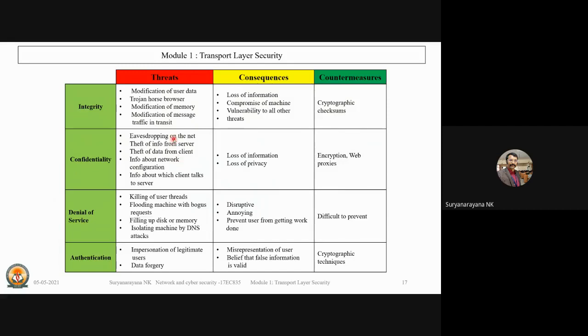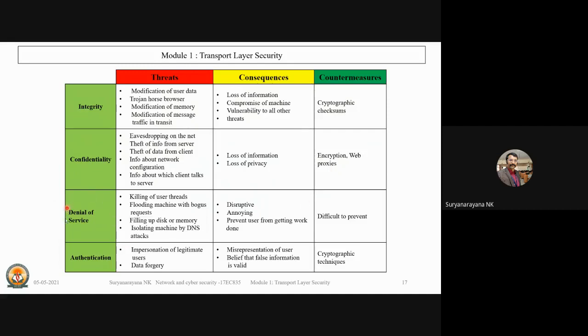Based on these threats, the consequences for confidentiality are loss of information and loss of privacy. To overcome this, we introduce encryption and use web proxies.